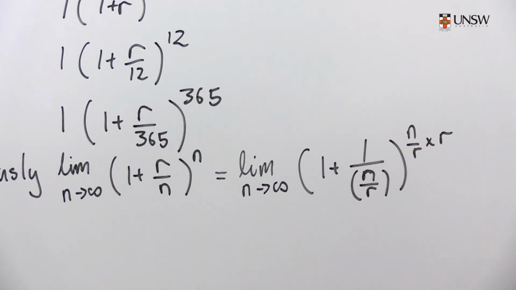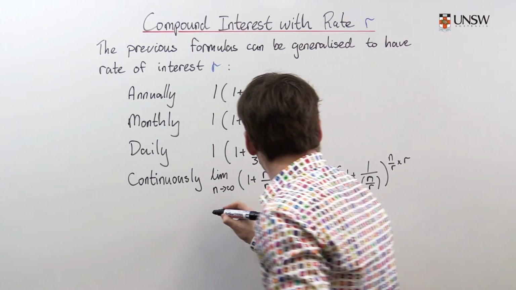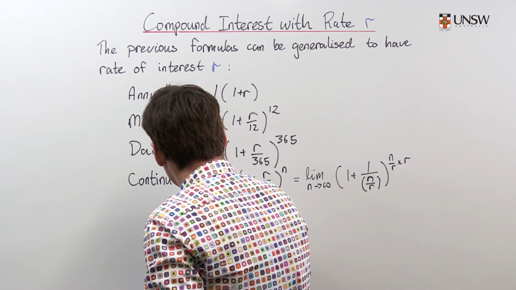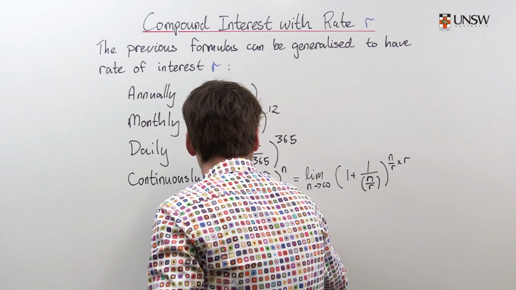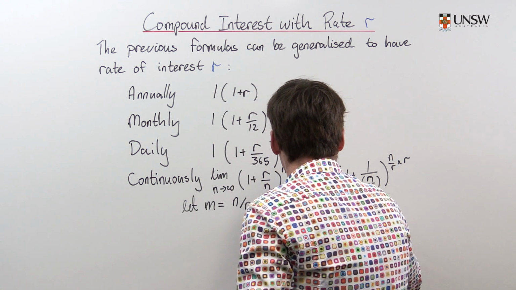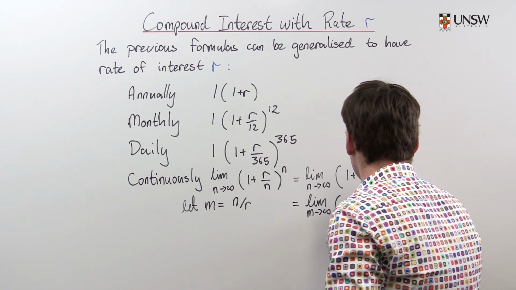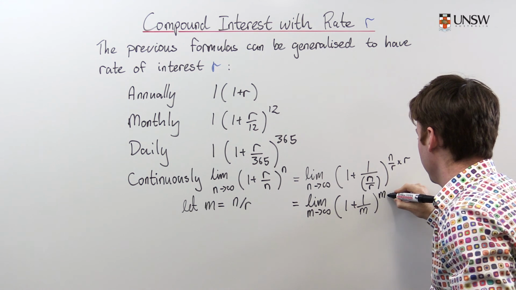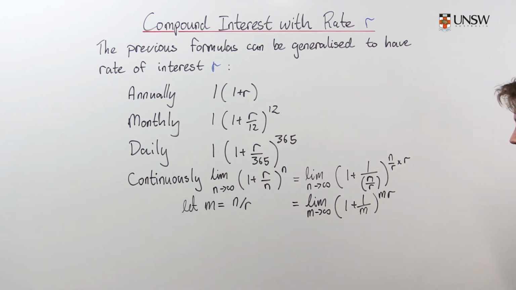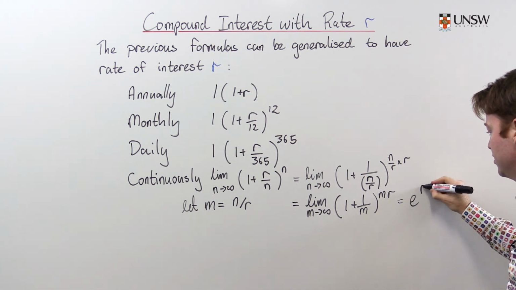And up here I've divided and multiplied by the rate of interest r. If I let m be equal to n over r, then this is equal to the limit as m approaches infinity of 1 plus 1 over m to the power mr, which is equal to e to the r.